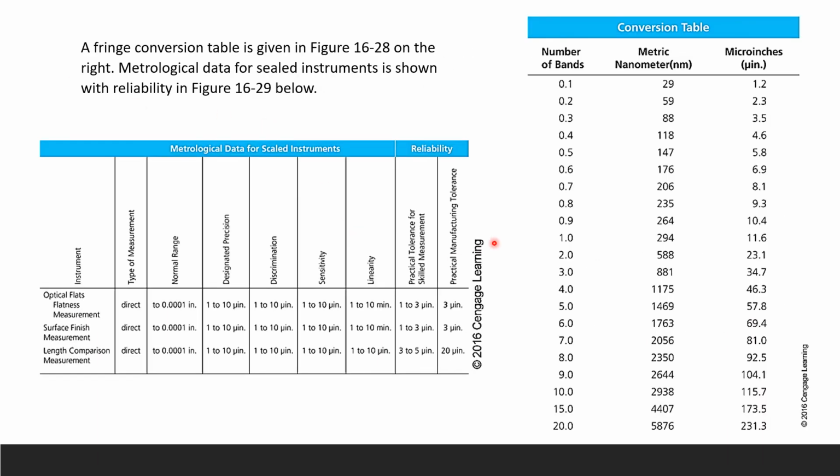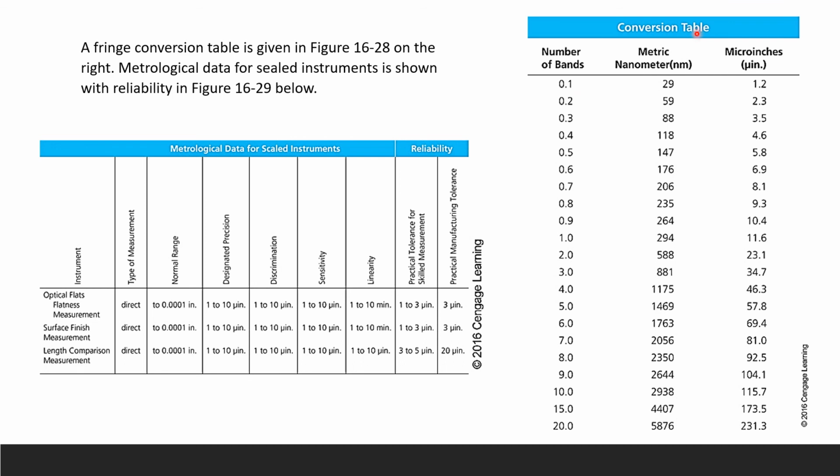So a fringe conversion table, that's in 1628, which is actually this one, okay? That's your conversion table. And this one is your figure 1629 that we talked about in the first few slides. And that's your metrological data for scaled instruments.